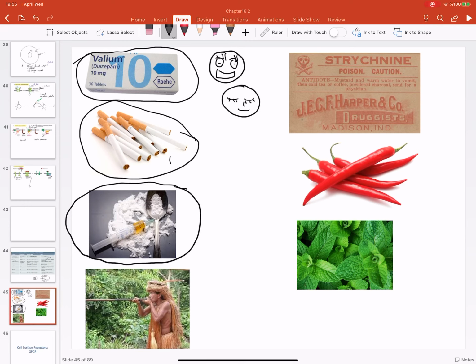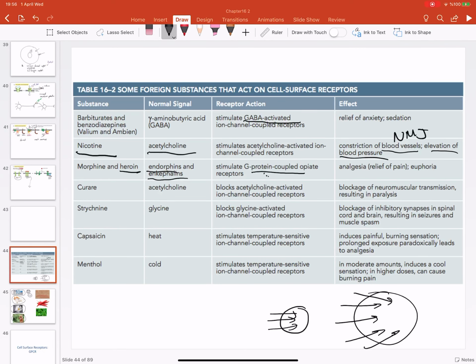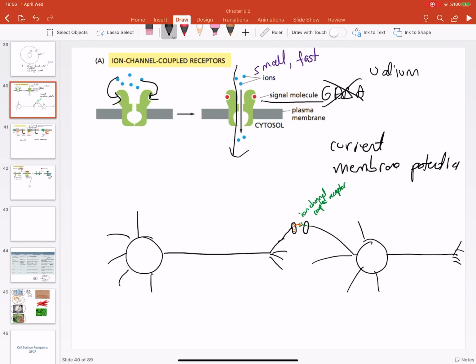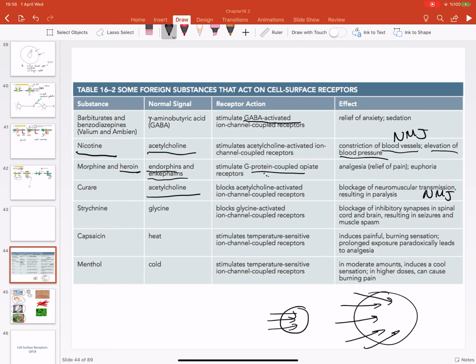Another example is curare. It is used by some tribes for hunting, because what curare does is that it doesn't stimulate the neuromuscular junction. It mimics acetylcholine, but it blocks the neuromuscular junction. Instead of activating it, it blocks the ion channel, so the ion channel will not be reactive anymore.